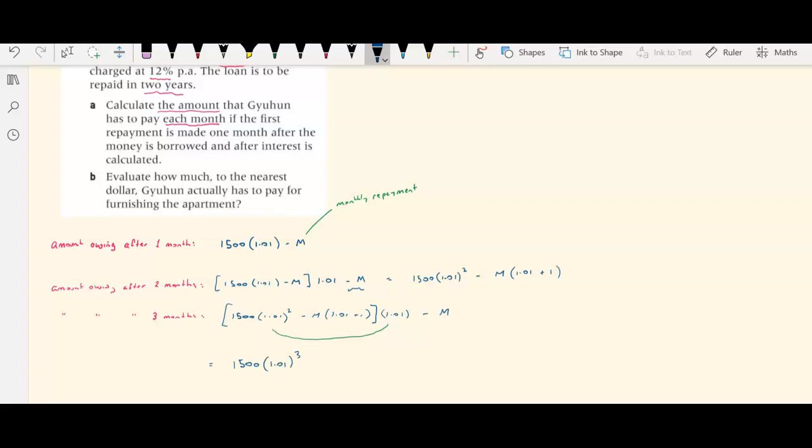So that bit is done. The next bit has a few terms in here. I've got minus 1.01 M times 1.01, so that is actually minus M times 1.01 squared.